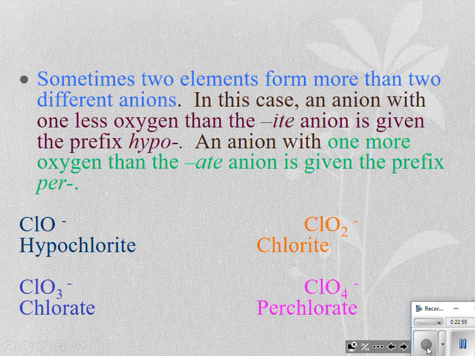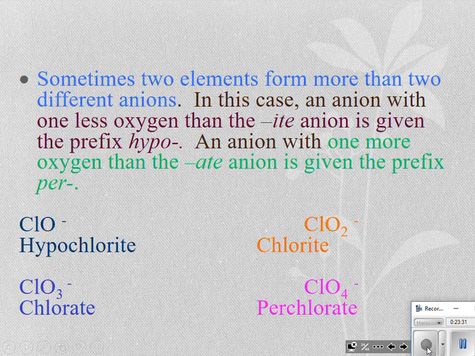So when you need to remember this, just find chlorate on PAL. ClO3 minus 1. If you have one more oxygen than chlorate, so if you have ClO4 minus 1, we call it perchlorate.